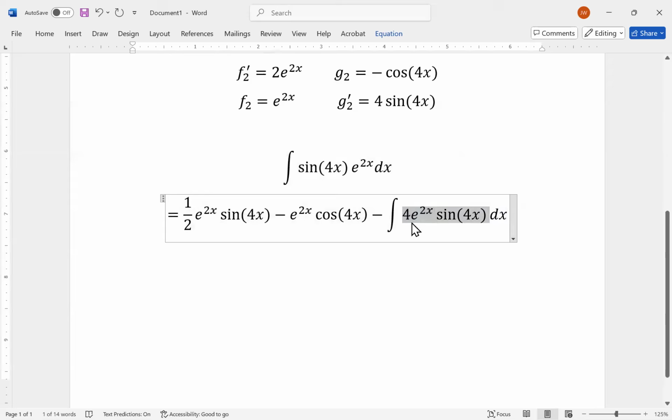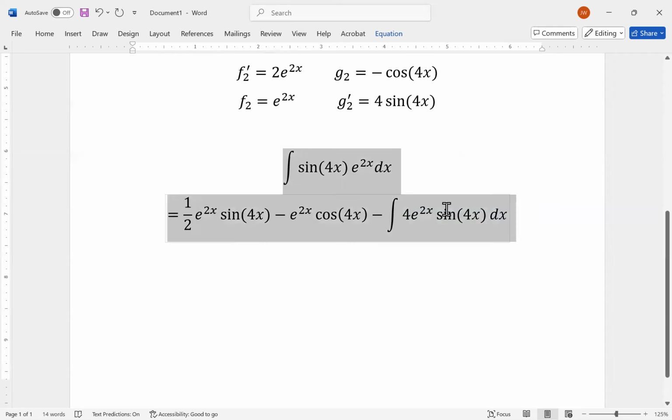But I want you to notice that e to the 2x sine of 4x is inside this integral here. We've just multiplied by a constant of 4 out front. That's the same integral that we started with.